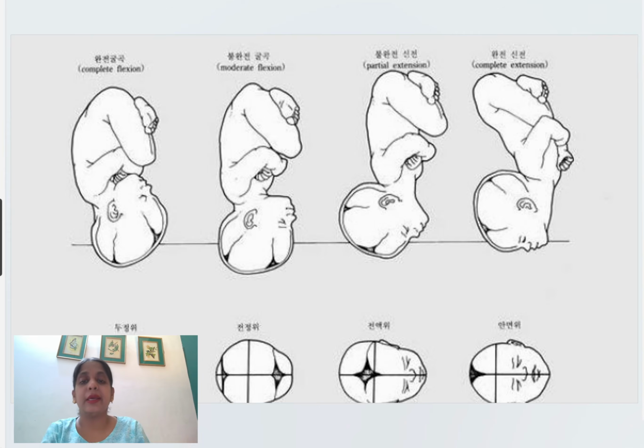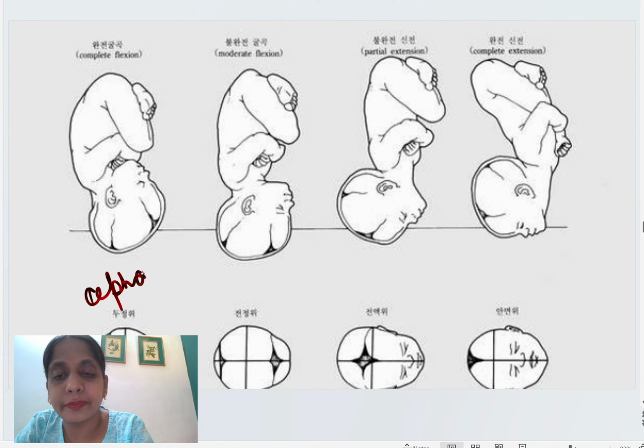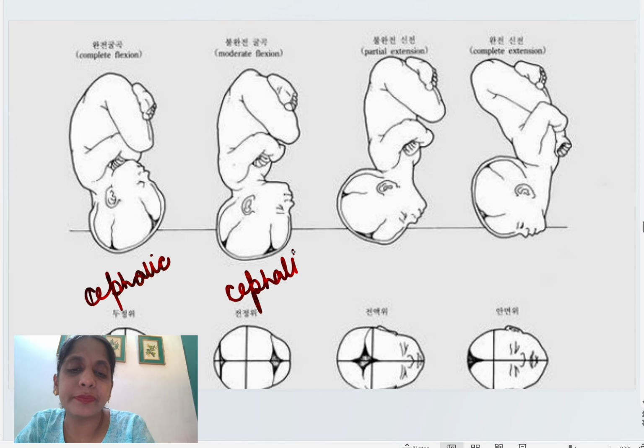Now you are seeing in these four diagrams, what is the presentation? Which part is in the lower uterine segment? You can see here it is cephalic, here also it is cephalic, and here also it is cephalic.